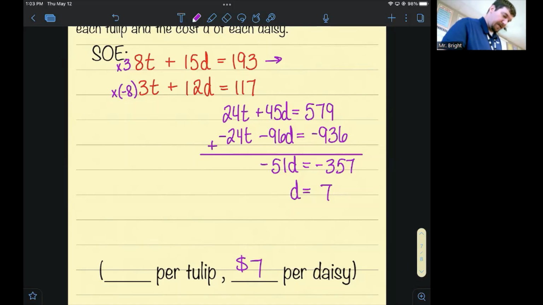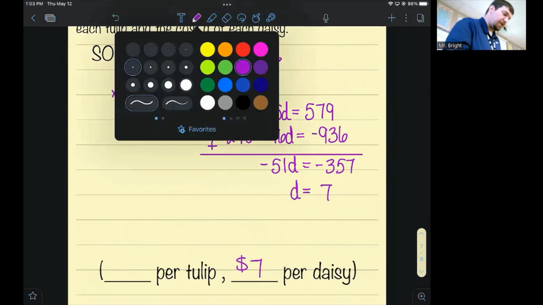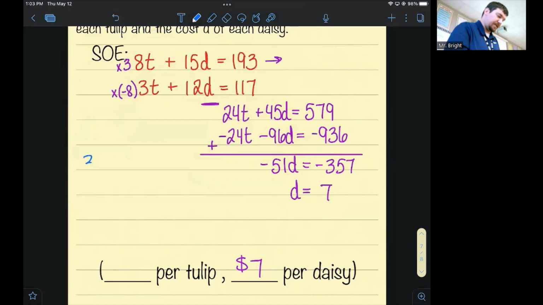And so if we plug in 7 for D, we get a new bottom equation that reads 3T plus 12 times 7. What's that? Shane? 84 equals 117.